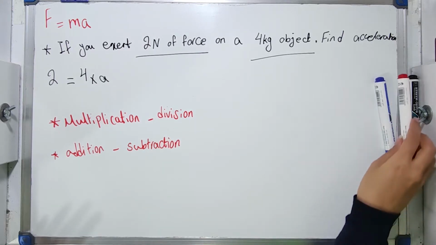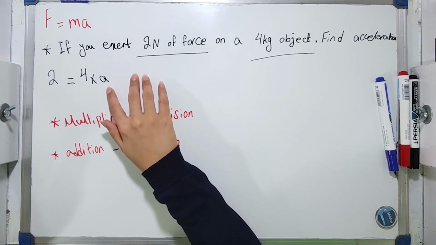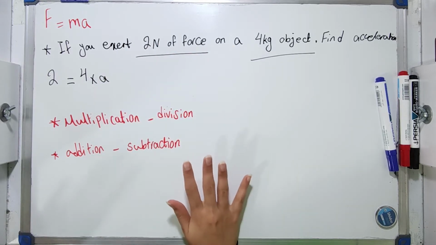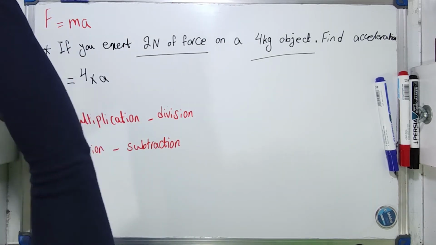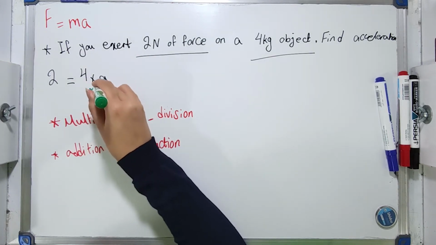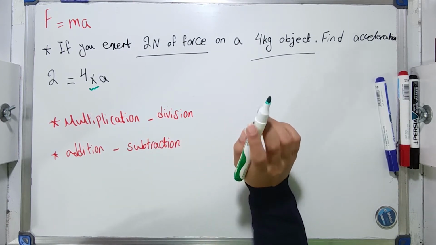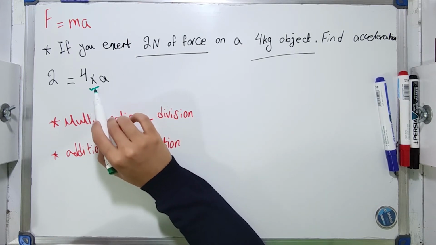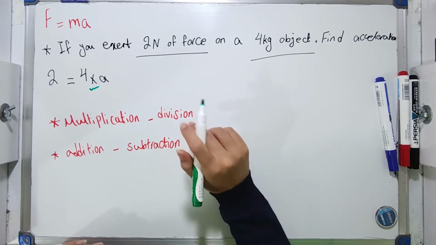So whenever you want to make acceleration alone, you have to use inverse operations to cancel other numbers. What does it mean? Look here. What do you have here? You have multiplication here. You know that multiplication and division are inverse operations, so whenever you want to cancel this number and the multiplication after it, you have to use division.